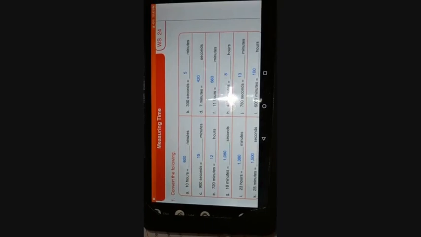Now look at this worksheet, everyone. Question number first, convert the following and write it down in your rough book. I'll give you 1 minute, you have to complete your work.